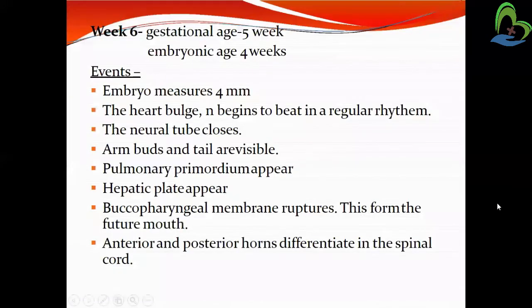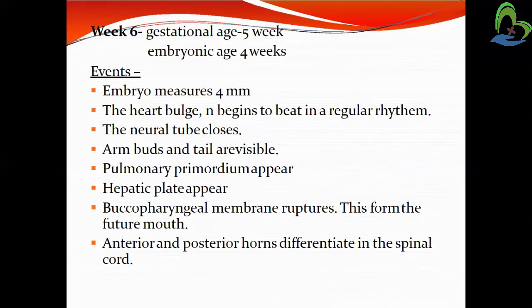Next is week 6. Gestational age is the 6th week and embryonic age is the 4th week. Events that occur during the 6th week: the embryo now measures 4 millimeters, then the heart bulges and begins to beat in a regular rhythm.